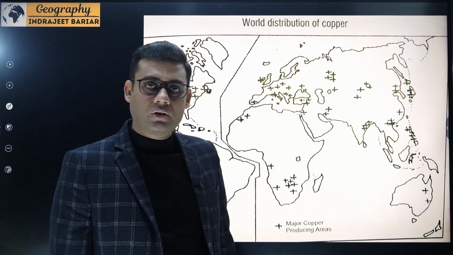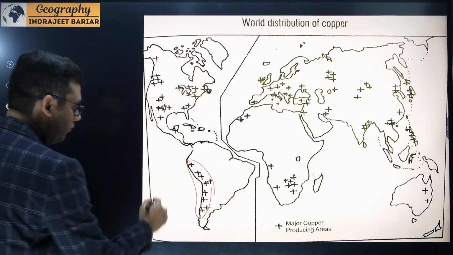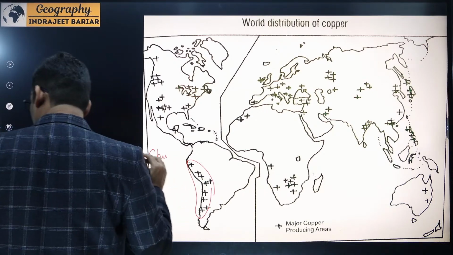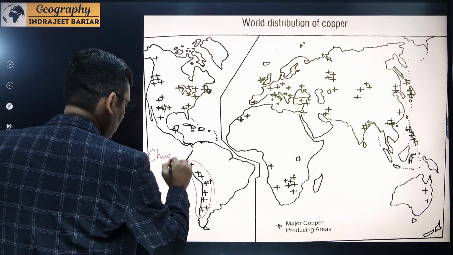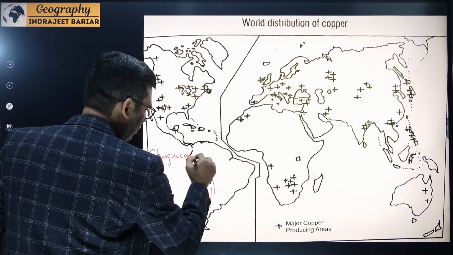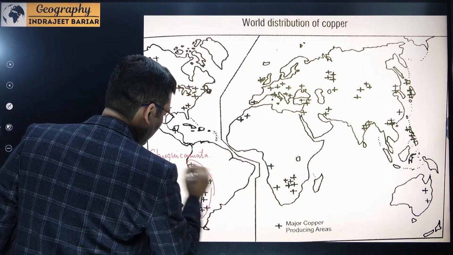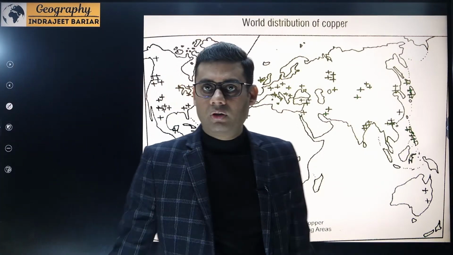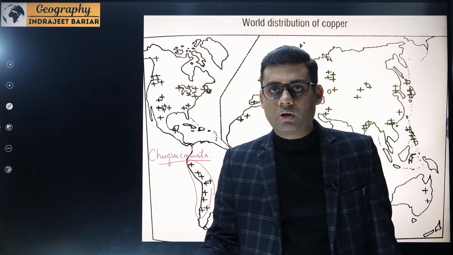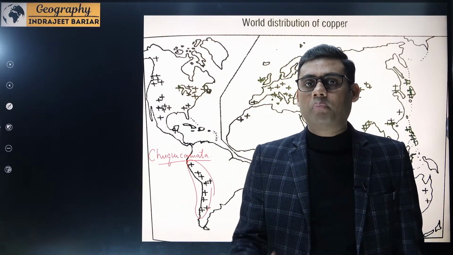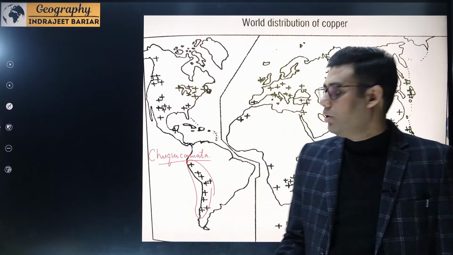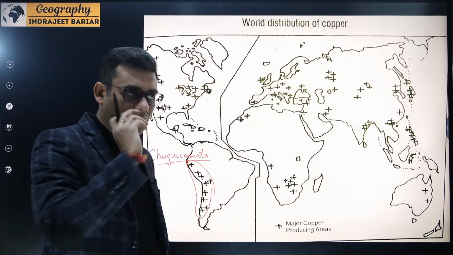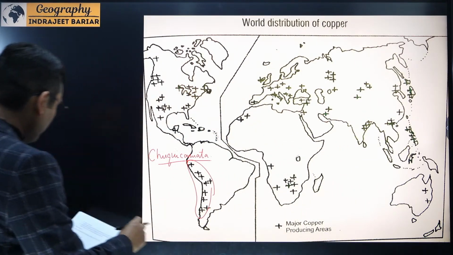Chile has the largest copper reserve, and in Chile we have this particular town of mines which is called Chuquicamata. This is the largest copper mine in the world, and Chuquicamata is also called the copper town of the world. So Chile has the largest reserves of copper, followed by Peru.